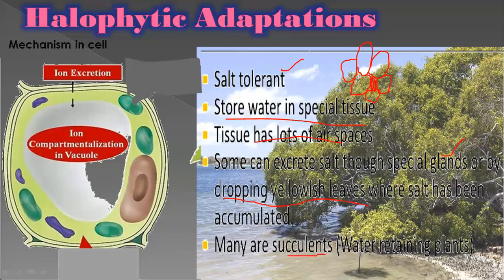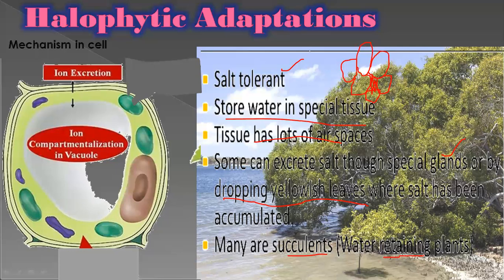Many are also succulent. Succulent organs or succulent plants are those which have special tissues in which they can retain water. They can retain water in more quantity, like such succulent organs we have in xerophytic plants.